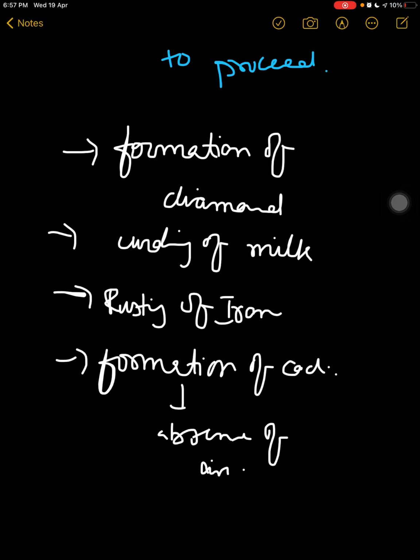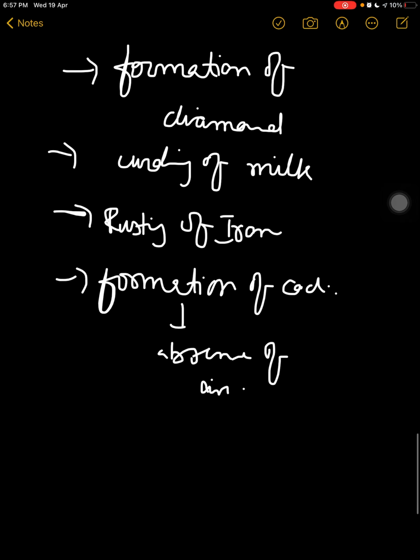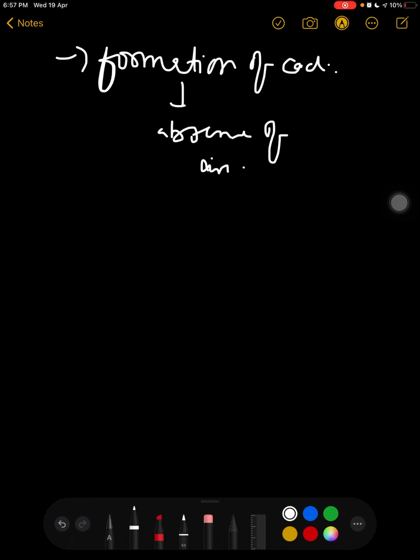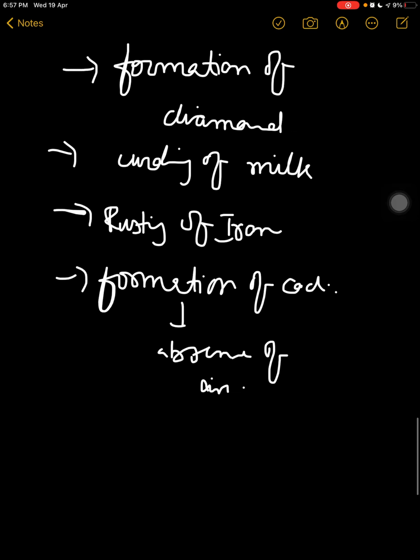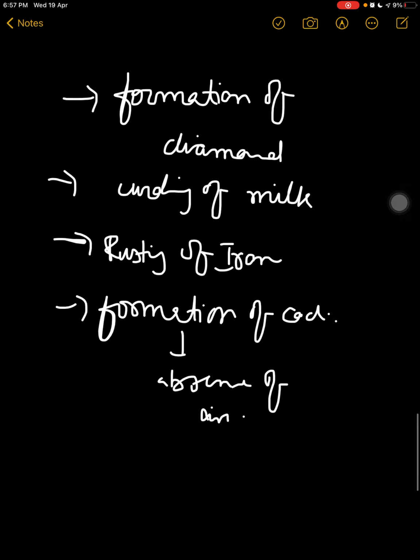Now if we look into the rate, what is the unit of this rate? Before moving ahead, have you wondered why these reactions are so slow?